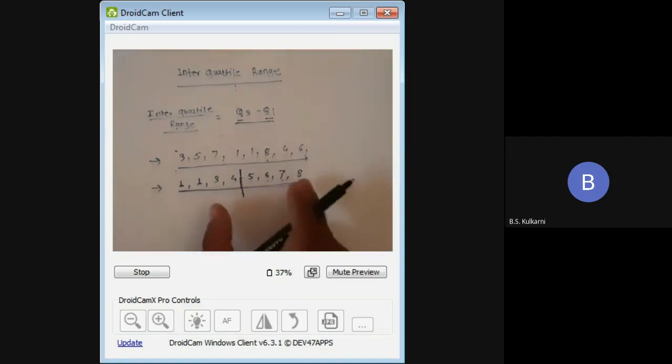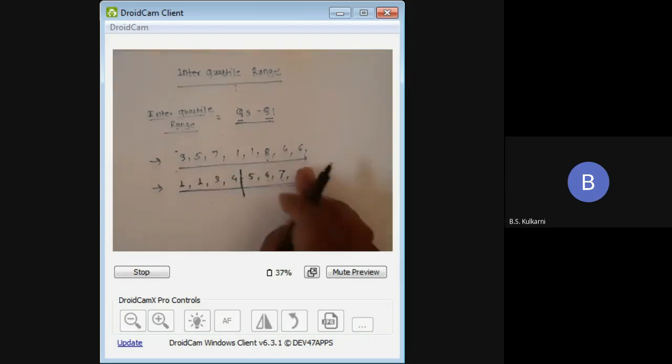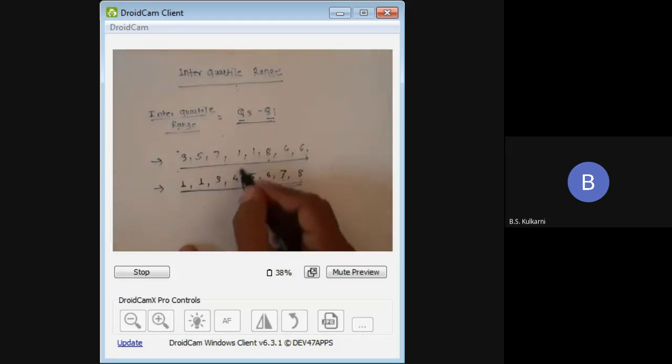When you have an odd number of items, you get the actual median. If 8 is not present here, 4 is the median of the given series. That is the middle value, which divides the series into two equal parts. Now we have an even number, so we find the median in between 4 and 5, that is this one.